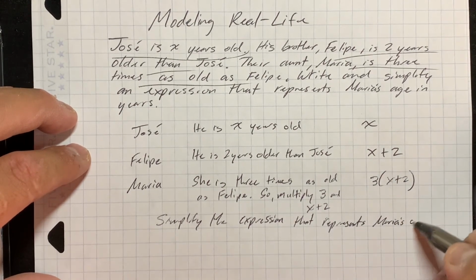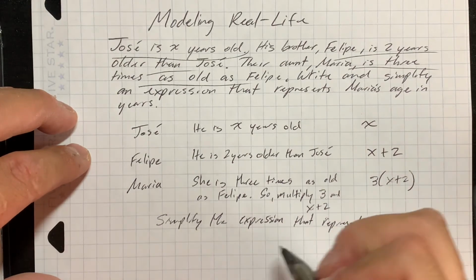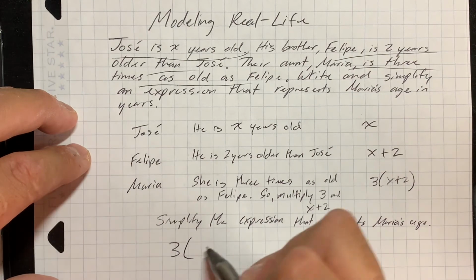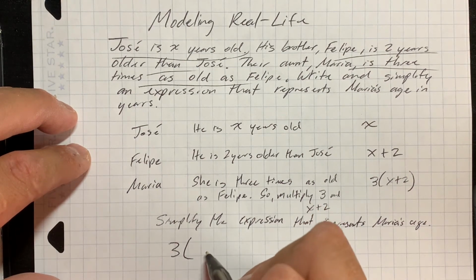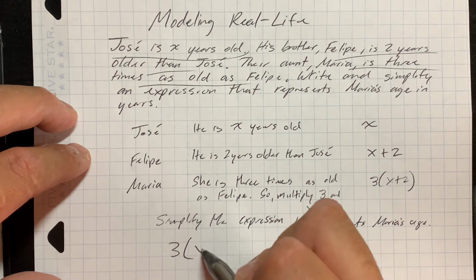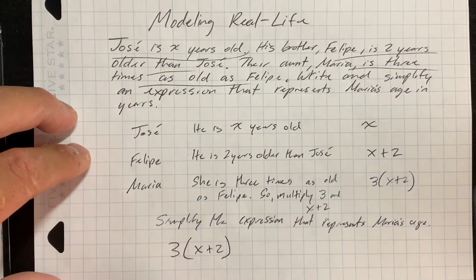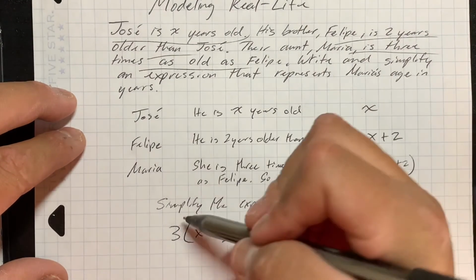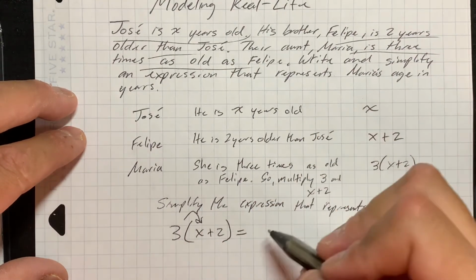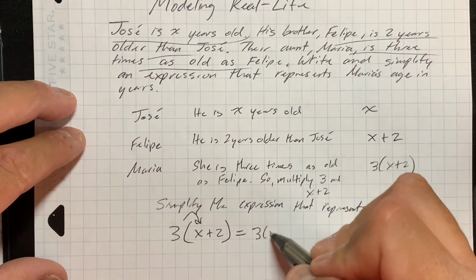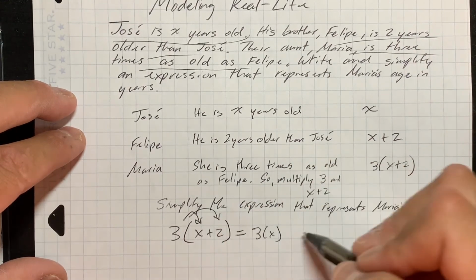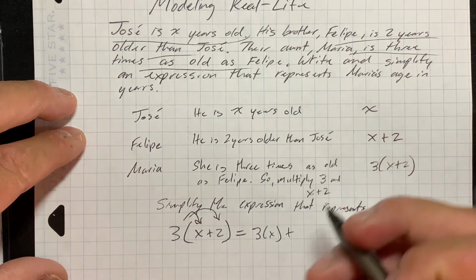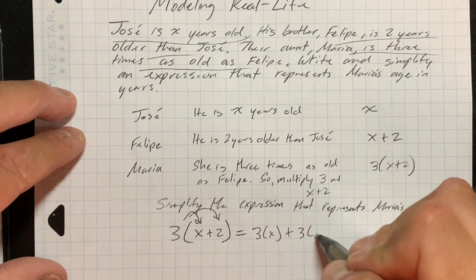So Maria's age is going to be, she's 3 times as old as Felipe, and Felipe is 2 years older than Jose. So there you go. There's the expression we wrote. Now we're going to simplify it. So what this means is we're going to multiply and distribute 3 times x. So this is going to be 3 times x, and then plus 3 times 2.